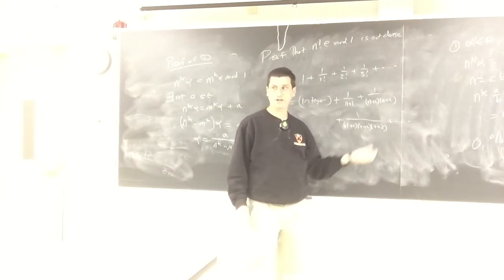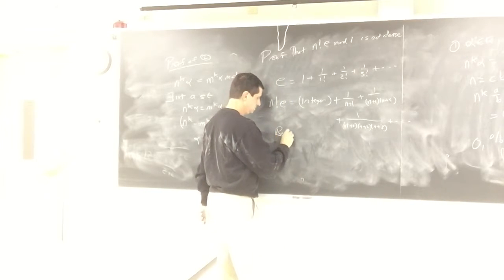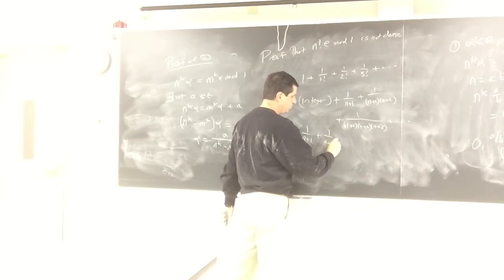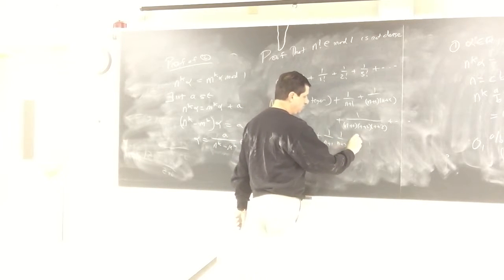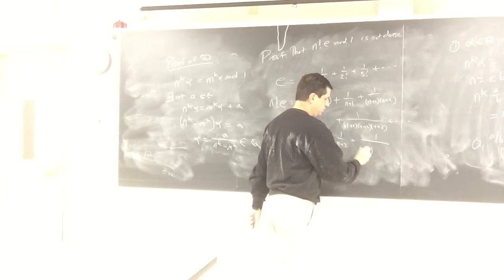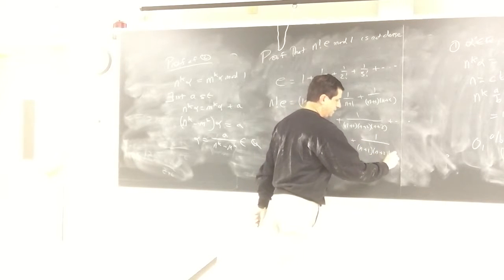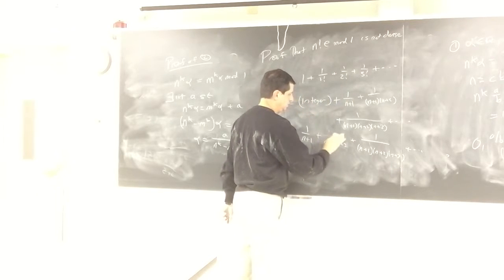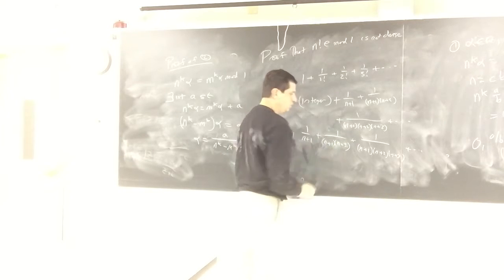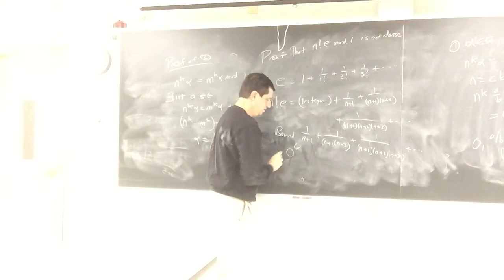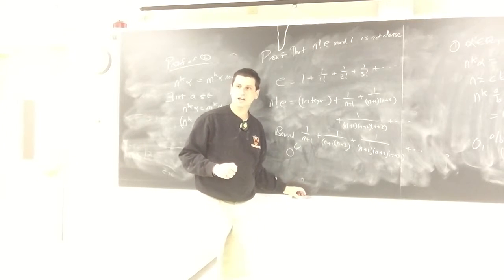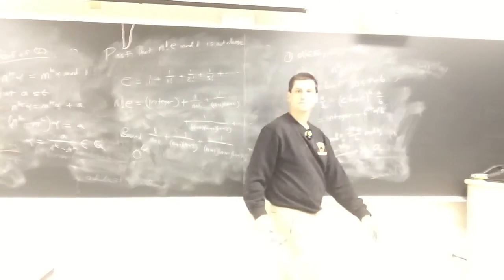We want to bound 1 over n plus 1, plus 1 over (n plus 1)(n plus 2), plus 1 over (n plus 1)(n plus 2)(n plus 3). Clearly, it's at least 0. But we need an upper bound for that sum. Any thoughts as to how we could get an upper bound for that sum?